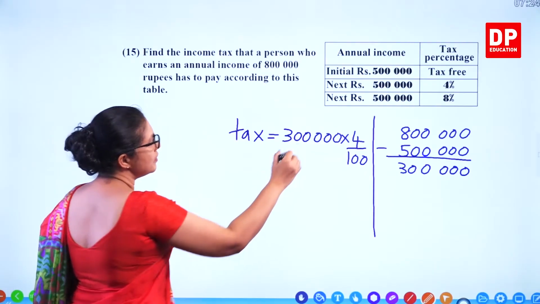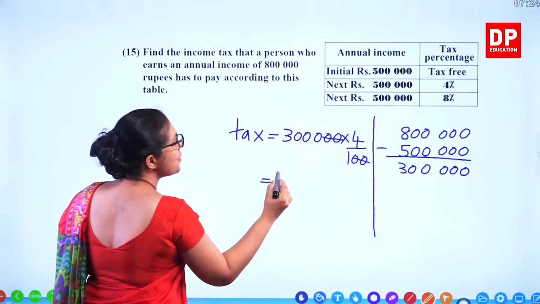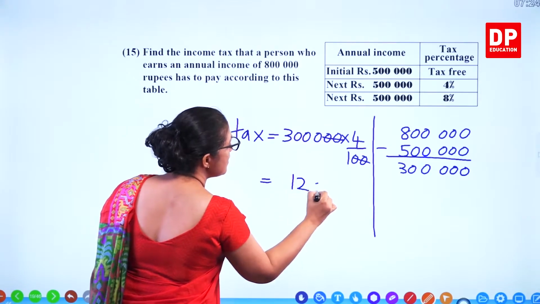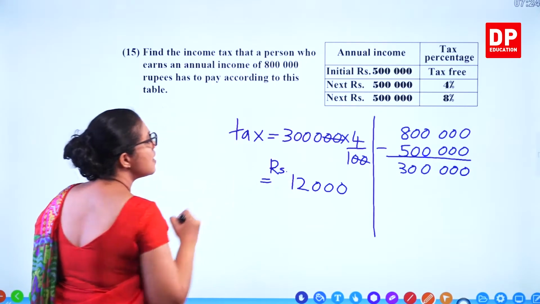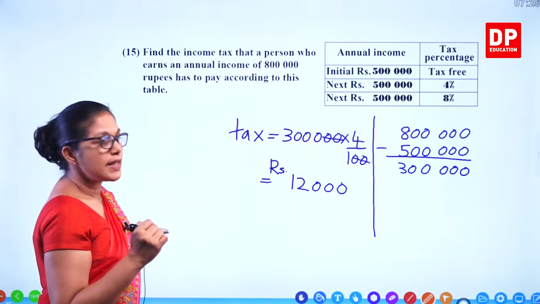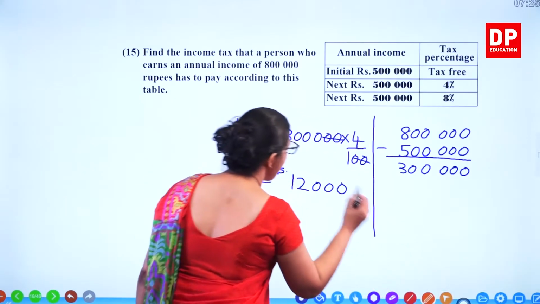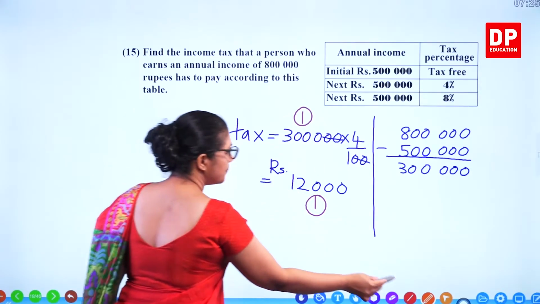So what's the value? 2 zeros get cancelled out. 4 times 3, 12. And how many zeros? 3 zeros. So the tax amount is 12,000 rupees. So you get 1 mark here and 1 mark for the method.